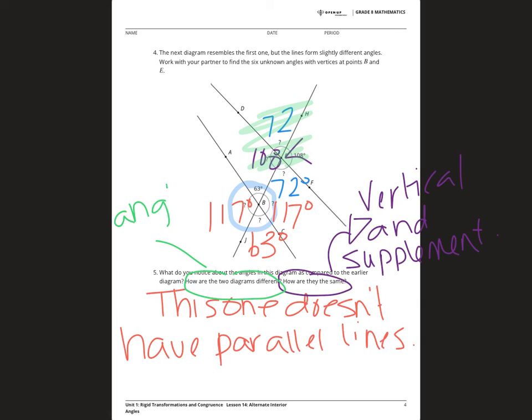Angles around points are not equal, like we had done before with the tracing paper. So those angles around the point are not equal. Great. Okay, let's go ahead and go to the next.